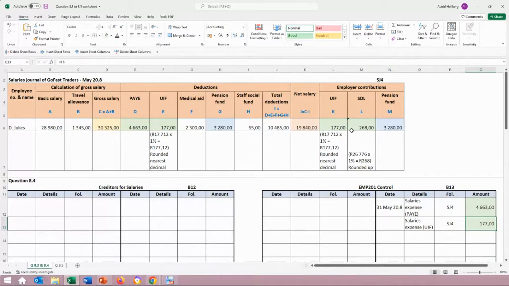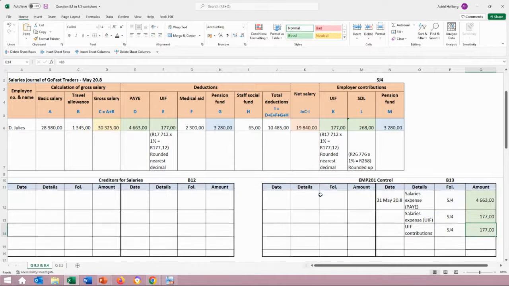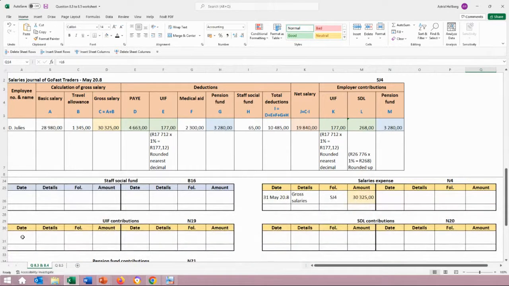Your employer's contributions will also be taken to that same account, but we would debit UIF contribution, the expense account, of 177. Okay, so let's quickly go to the UIF contributions expense account.